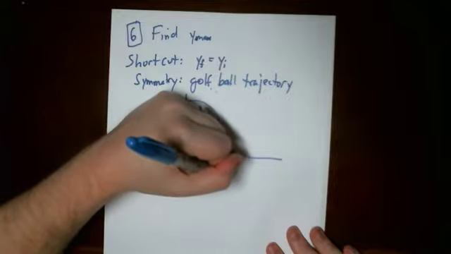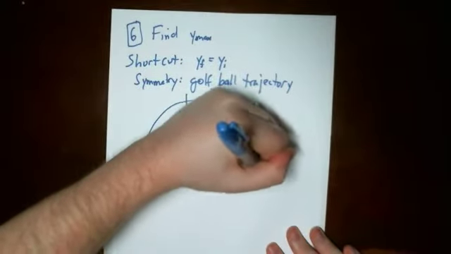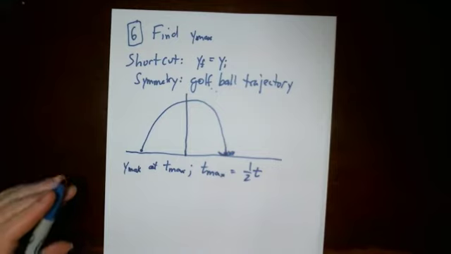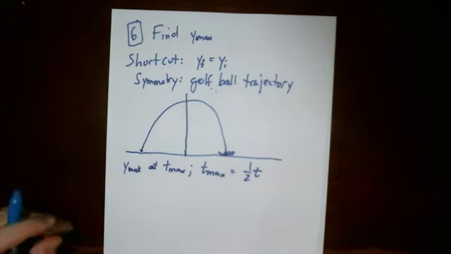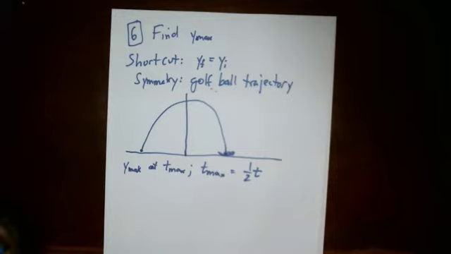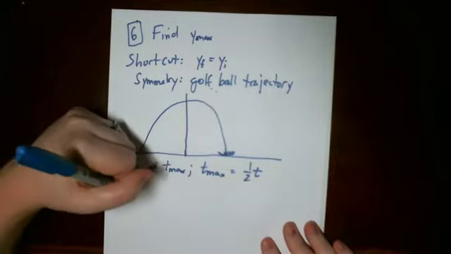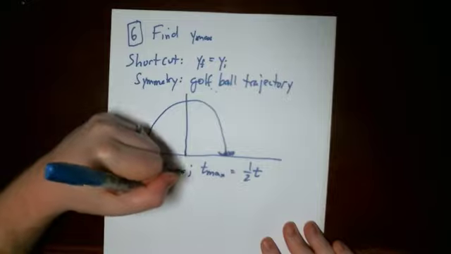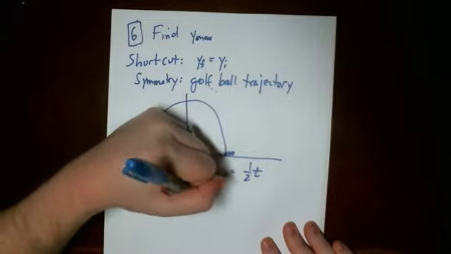Tmax is half the total flight time. So we can calculate our Tmax, which is just going to be half of 5.3, which is going to be 2.65. So Tmax is 2.65 seconds.